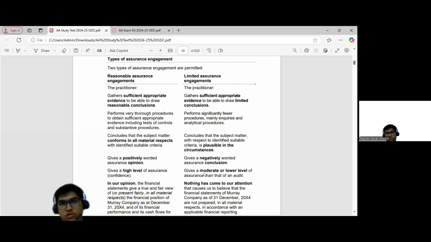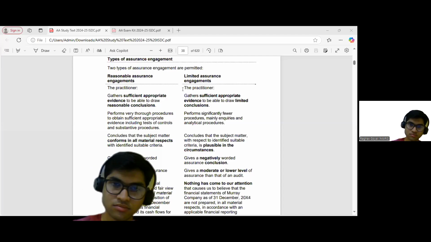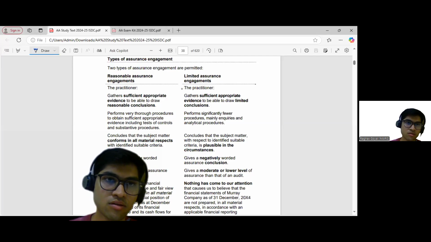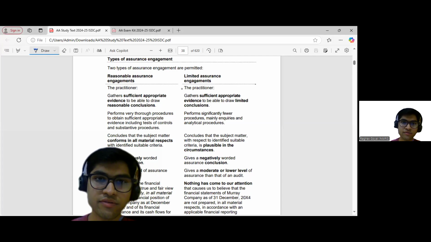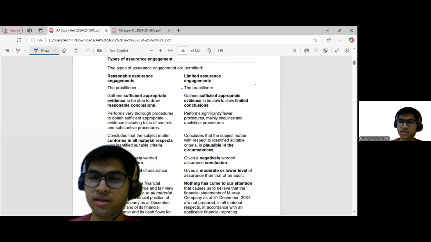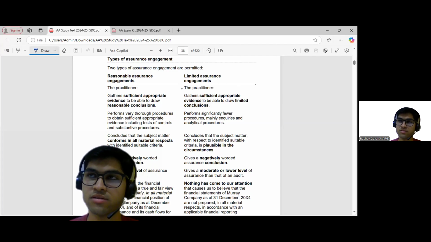Then we have types of assurance engagement. Looking at the different types, we have reasonable assurance engagements and limited assurance engagements. What do we mean by reasonable ones?